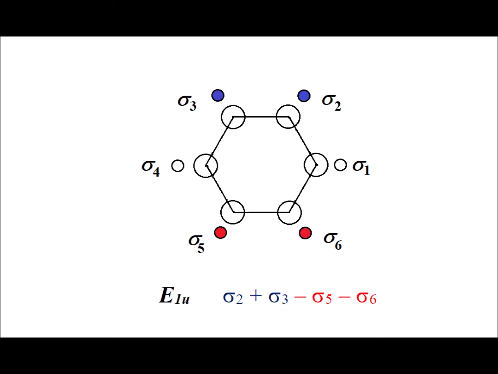And here we have the second of the E1U combinations for the hydrogen 1s orbitals. Next in energy, we have the E2G doubly degenerate representation, illustrated here for the combination that just involves the hydrogen atoms.